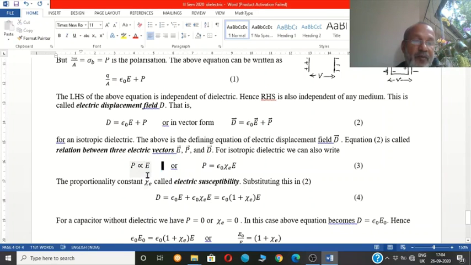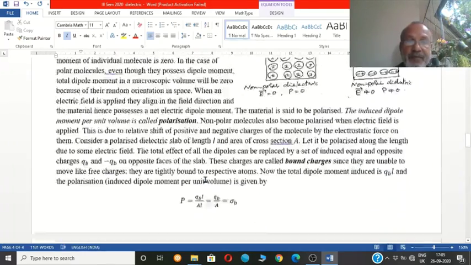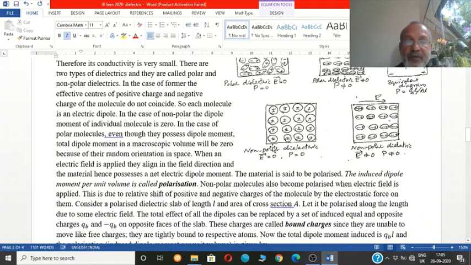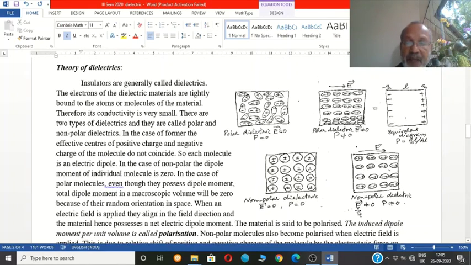In the case of non-polar dielectric, the dipole moment produced is due to the relative shift of positive and negative charges, and that also depends upon E. In the absence of electric field the positive and negative charges coincide, and when we apply an electric field there is a relative shift that is larger for a larger field. So more field means more separation, and more separation means more dipole moment.